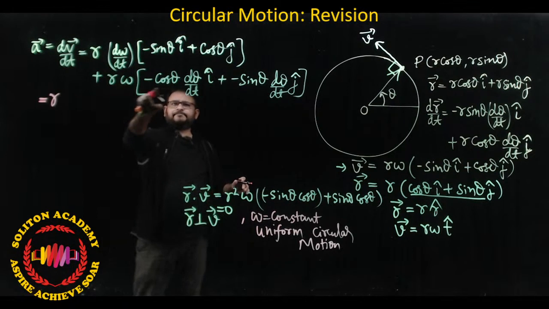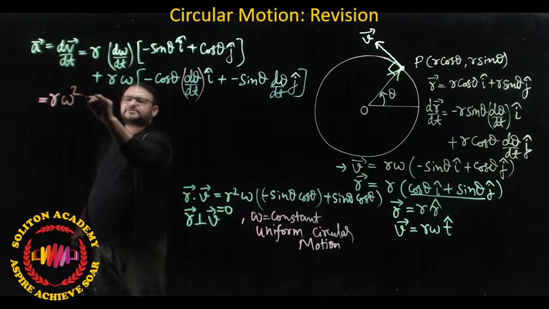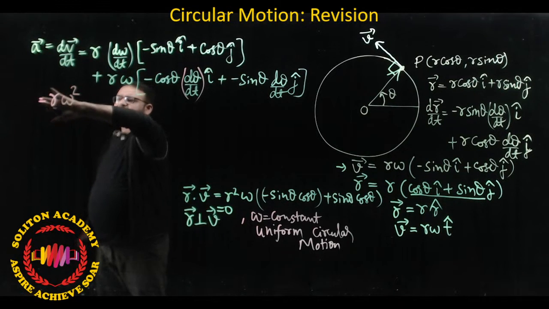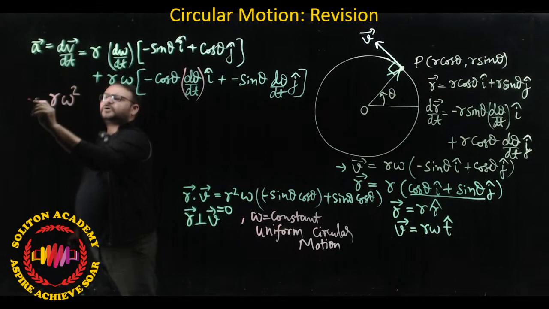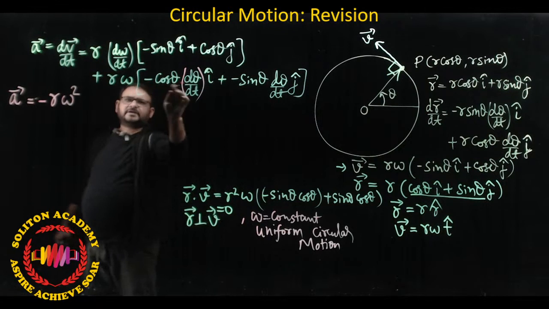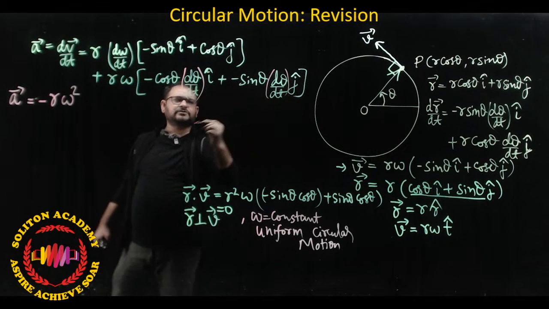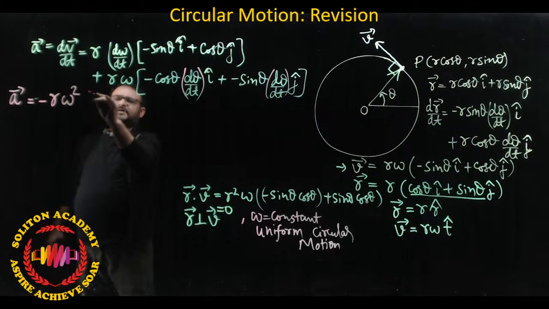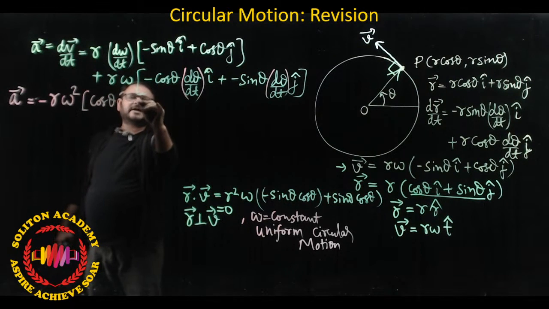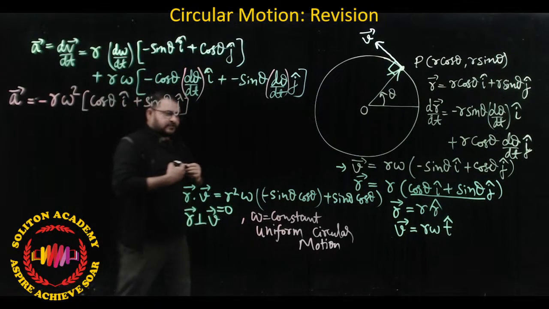Let's focus here, omega. So this is omega square. And you can see I can take a minus term out, so my acceleration becomes, you see, it's going to be really nice. Omega times this omega goes out. I can take this also omega out. Now I'm left with cos theta i cap plus sin theta j cap. Right? Now that was my interest.